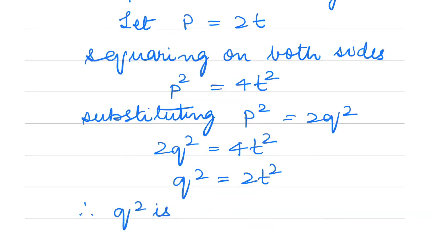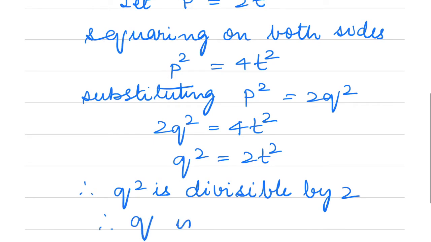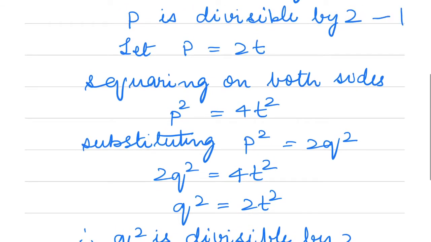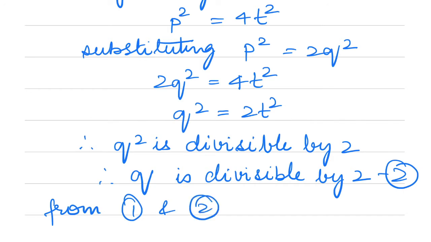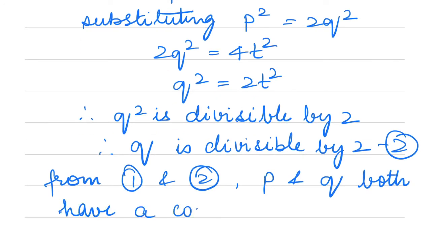Q square is divisible by 2. Therefore, Q is divisible by 2. So let this be the first and this be the second statement. So from first and second, we know P and Q both have a common factor 2.